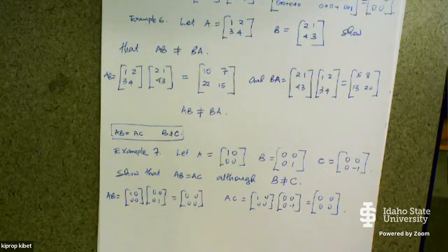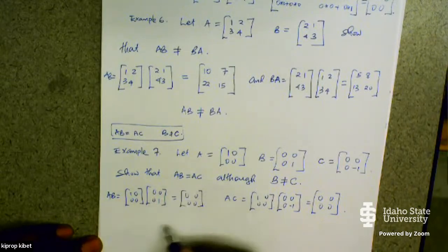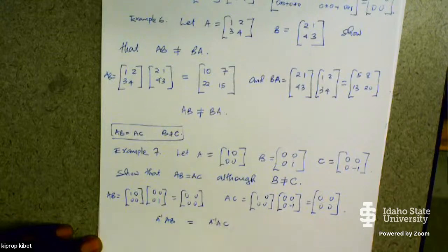So you cannot use the cancellation rule. Cancellation rule in this case means that here AB equals AC. What you can do here is multiply by the inverse of A on both sides.